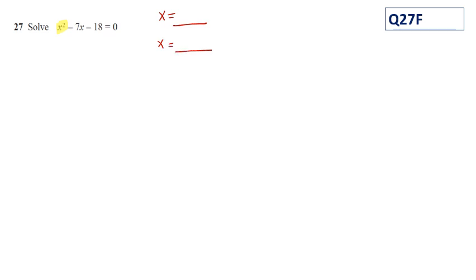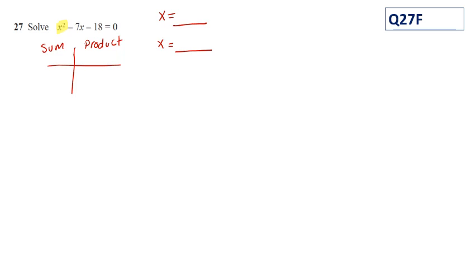Now, the first step in solving this is to factorize this quadratic equation. To factorize, I'm going to need to use the sum and product method. So the sum and product method, I'm going to draw a t-table. I'm going to write product on one side and sum on the other, and I need to write down my sum and write down my product.